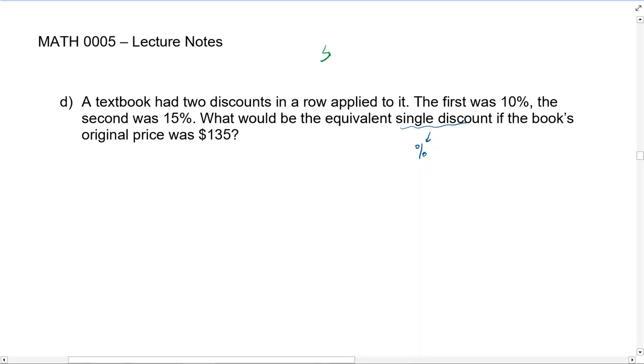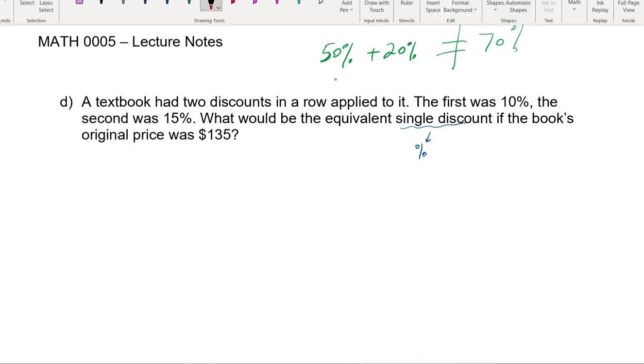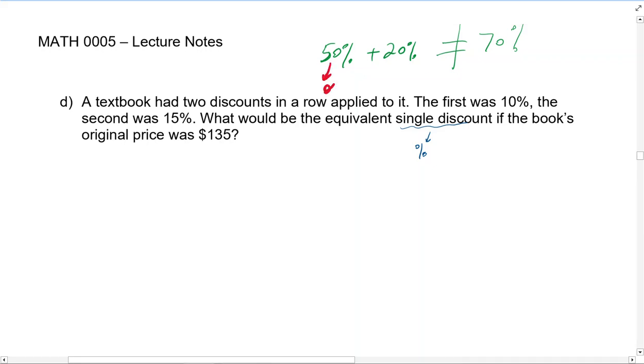Okay, so this is a similar scenario when you go to a store and you see some stores say the discount is 50% plus 20%. They don't say it's 70%. This is not equal to 70%. The reason is, first you have a 50% discount on the original price, and once you apply that, you get a new price, then a 20% discount is applied on the new price.